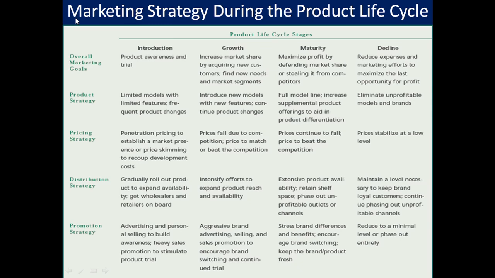And the product strategy at each stage. During introduction, the product strategy is limited models with limited features and frequent product changes. And during growth, the product strategy is to introduce new models with new features and continue product changes. And in maturity, the product strategy is a full model line, increasing supplemental product offerings to aid in product differentiation.